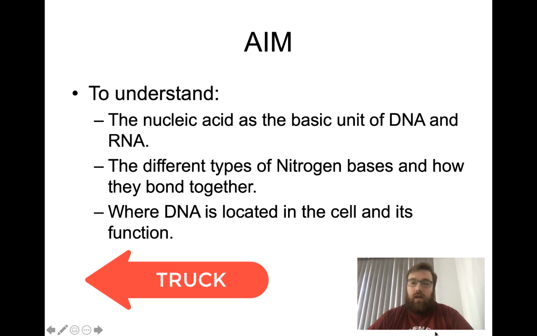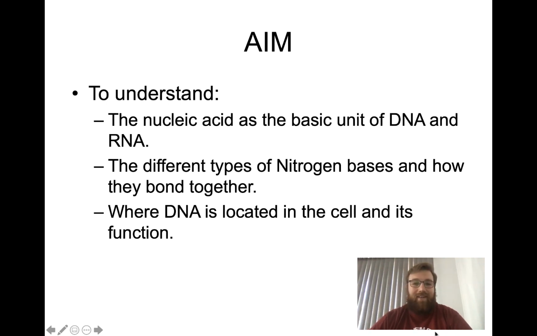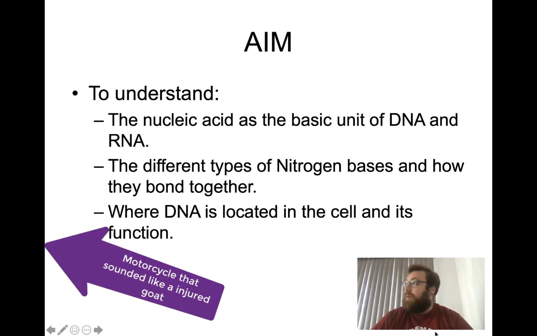Today we're going to talk about the nucleic acids. Those are one of our four major molecules. We've done a lot already about proteins, lipids, and carbohydrates, but now we're going to talk about nucleic acids for a while. So there are different bases, the four letters you guys might know. We'll get to that in a minute.